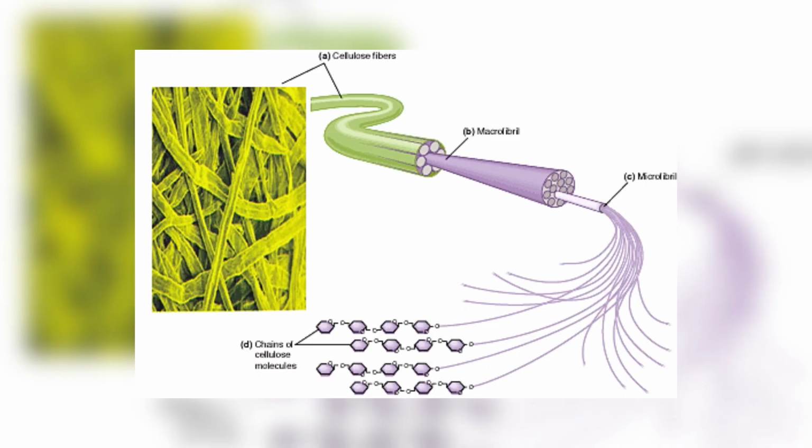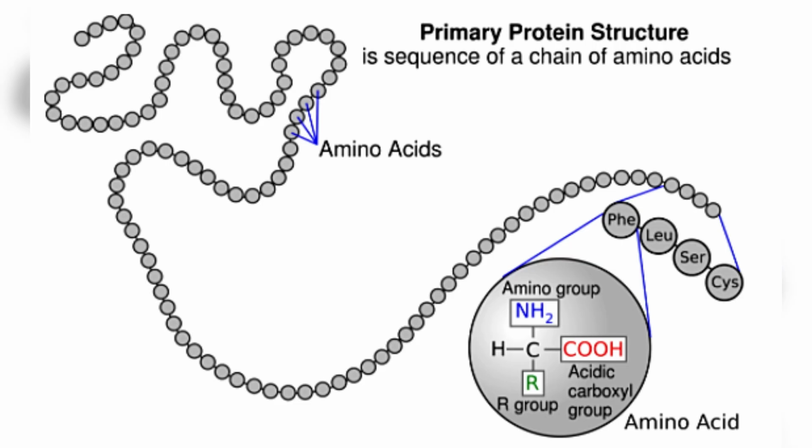Another fascinating example of a polymer chain is cellulose, a natural polymer found in plant cell walls made of repeating glucose units. It provides structure and rigidity to plants, much like a skeleton. Proteins are also polymer chains, composed of amino acid sequences that fold into complex structures, performing countless functions in living organisms.